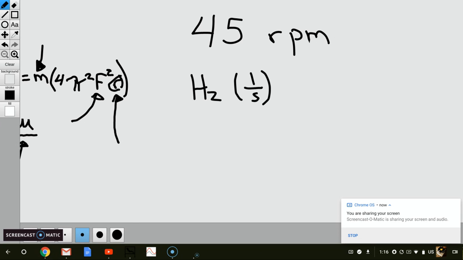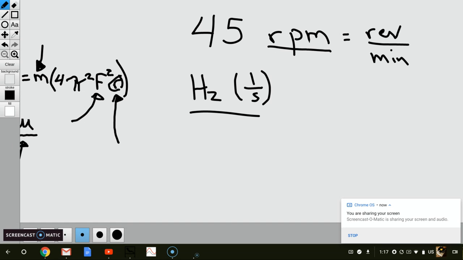Now, with this being RPM, which stands for revolutions per minute, what we need to do is get this into revolutions per second.